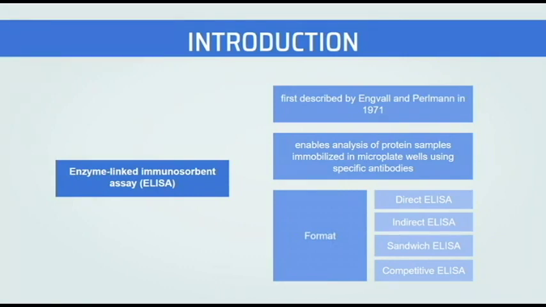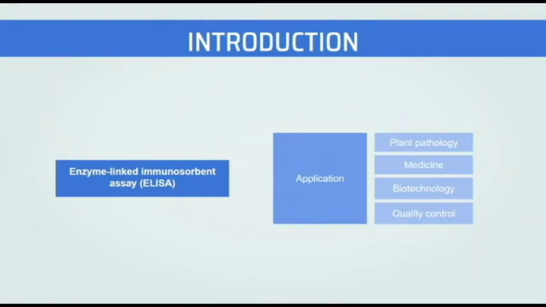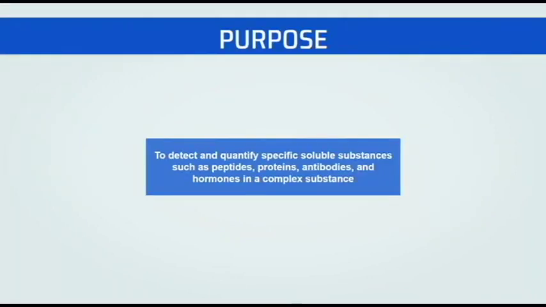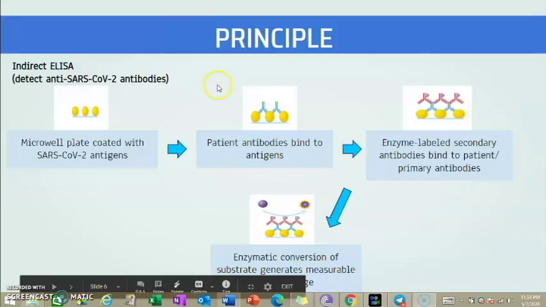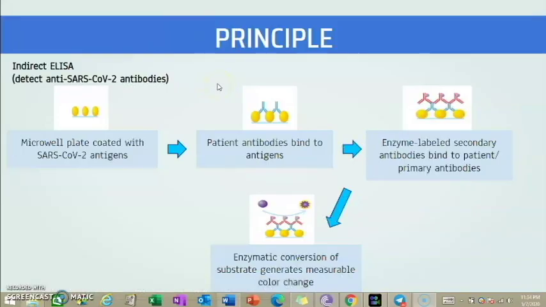There are several formats of ELISA, such as the direct ELISA, indirect ELISA, sandwich ELISA, and competitive ELISA, and it is widely used in several fields such as plant pathology, medicine, biotechnology, and quality control. The purpose of using ELISA is to detect and quantify specific soluble substances such as peptides, proteins, antibodies, and hormones in a complex substance.